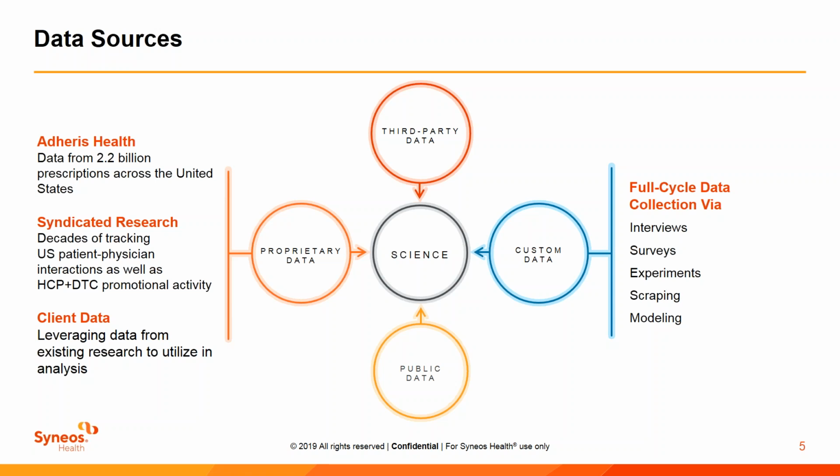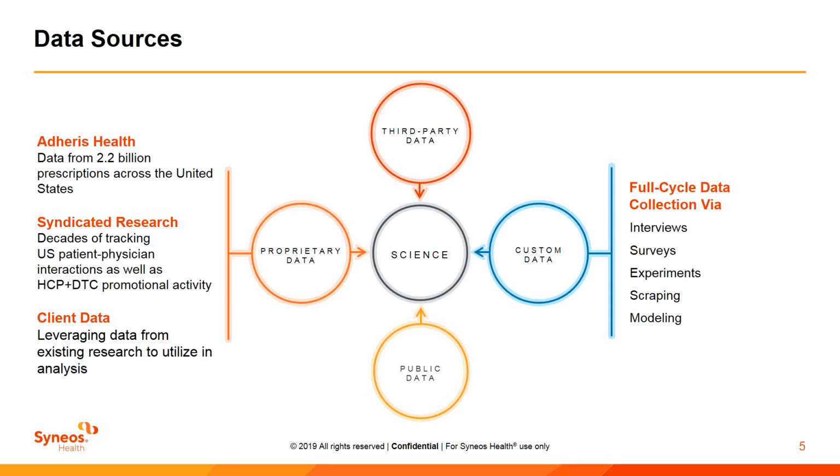The second source that we go to, at the top, is our third-party data. We currently have relationships with 3 different vendors, Trinetics, Komodo, and Optum, and I'll go into those on the next slide in 1 second. The third source we go to is our public data. While this sometimes needs a little bit more mining and cleaning to make sure that it's useful in our analysis, whenever we can go to the CDC or the NHS to grab public data, that's another source we go to.